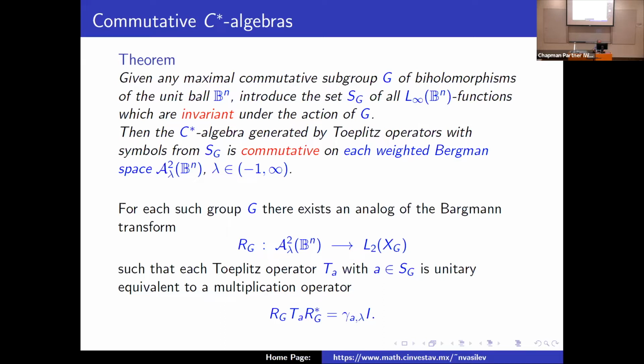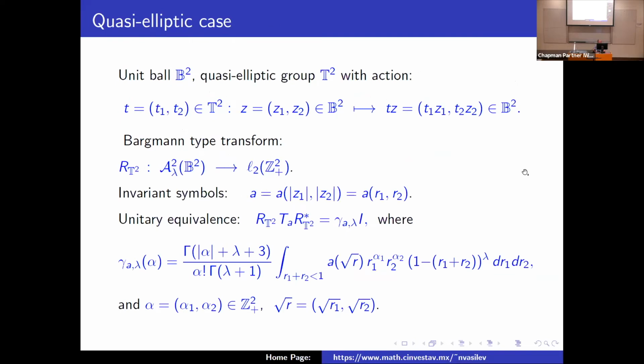And this function, I would say spectral function, carries all the main properties of the Toeplitz operator. The Toeplitz operator is bounded if and only if the function is bounded. The spectrum of the Toeplitz operator is the closure of the image of this function, and so on and so forth. Let me give an example. Consider the two-ball and the quasi-elliptic group, the two-dimensional torus.